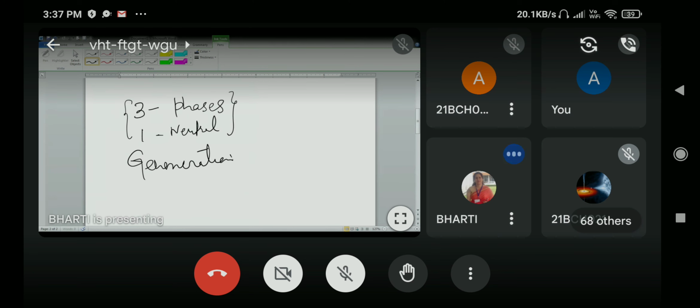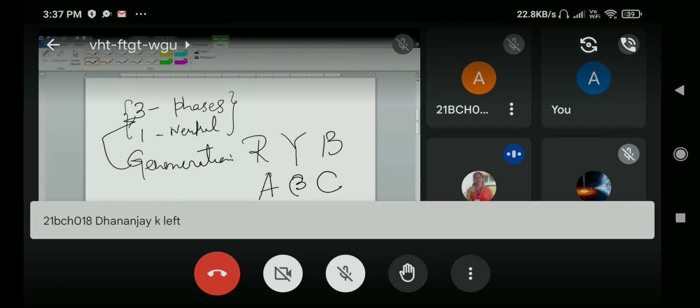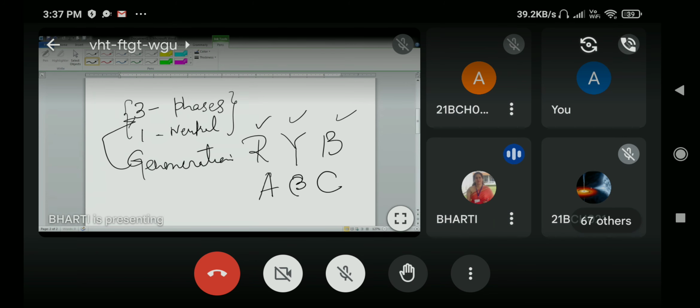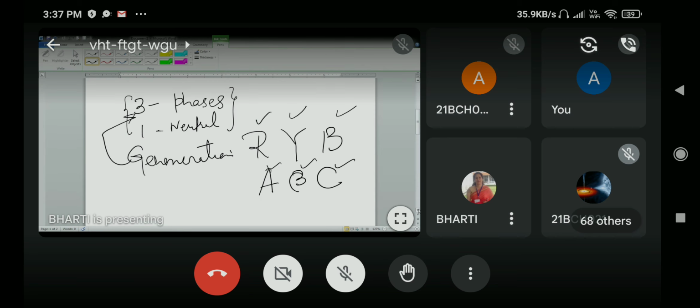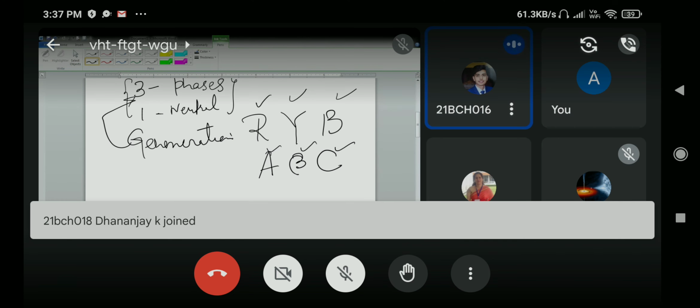That is always in three phase. We denote the phases by the names red, yellow, and blue, RYB or ABC. Is it known to anybody? Do you have any idea about it? No, ma'am.